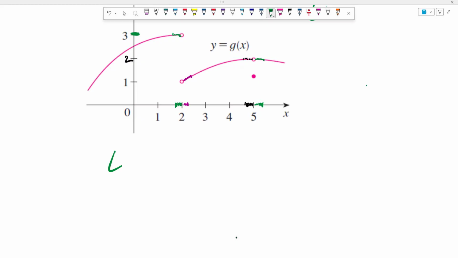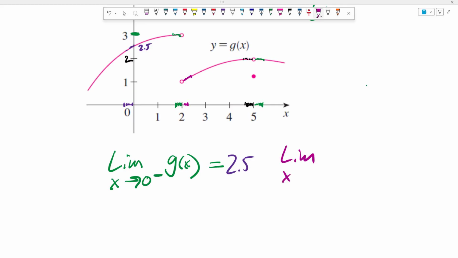What is the limit as x approaches 0 from the left? Okay. So as x approaches 0, f of x gets closer and closer to, let's call it 2.5. The limit as x approaches 0 from the right.